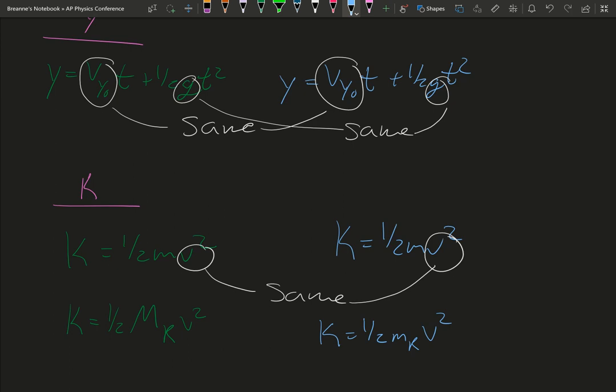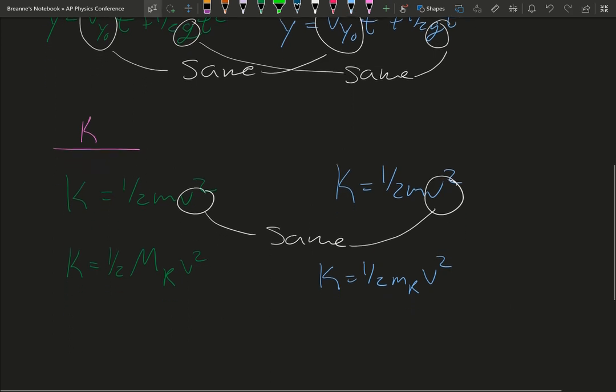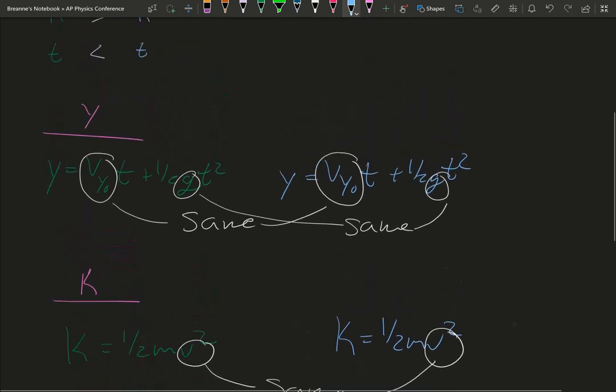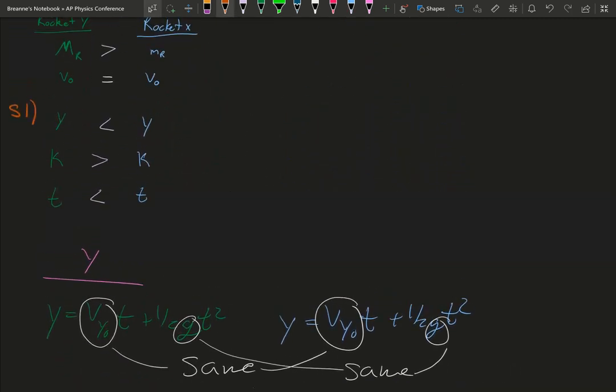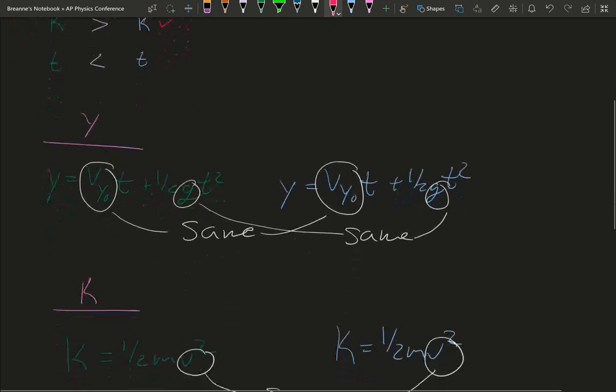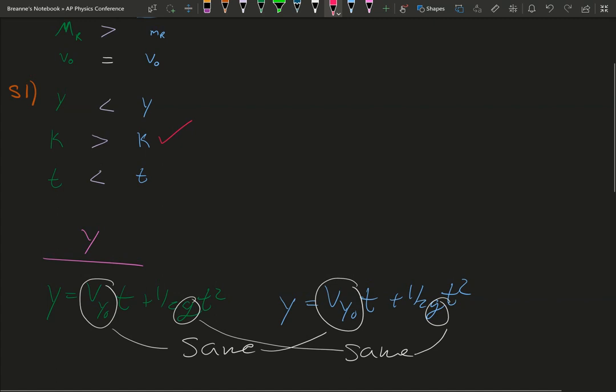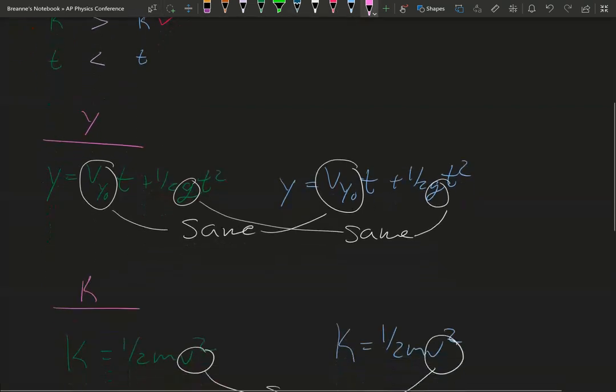So as your mass increases, your kinetic energy is going to increase. So this is saying that your kinetic energy for rocket Y is going to be greater than your kinetic energy for rocket X. And that's what student 1 said. So that one is correct. We're still working on the other two.